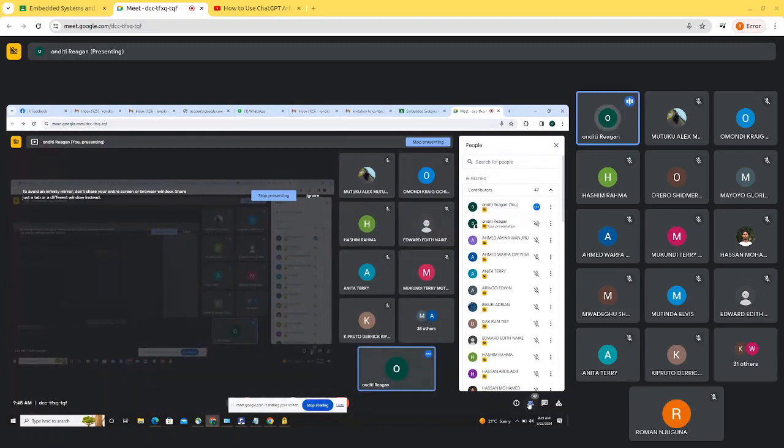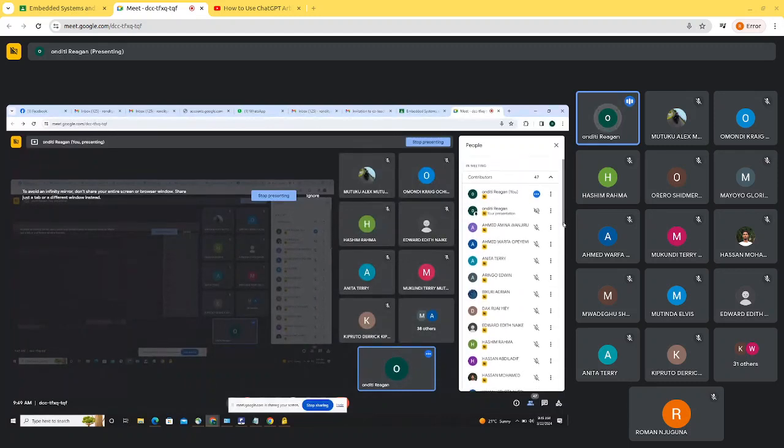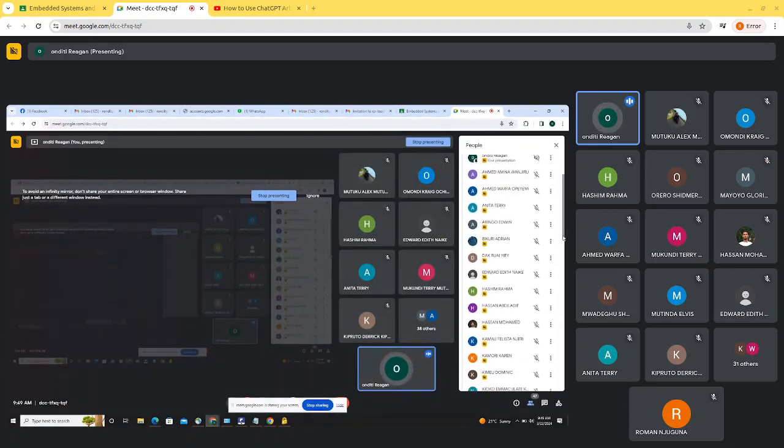Hashim, how do you understand the word firmware engineer? Dak, who is a firmware engineer?